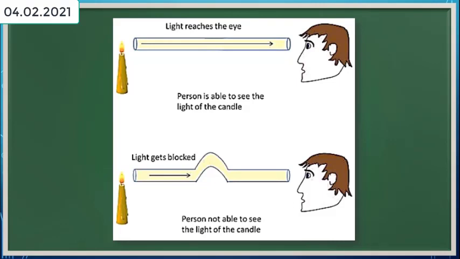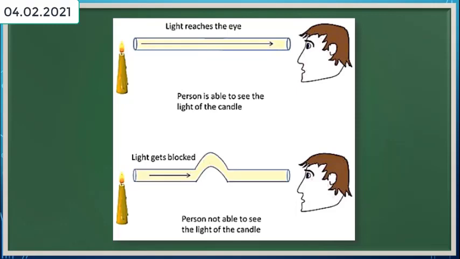Now, reflection of light. There are certain situations in which a mirror or shiny surfaces like a stainless steel plate or a shining steel spoon act as a mirror, and this can change the direction of light that falls on it.